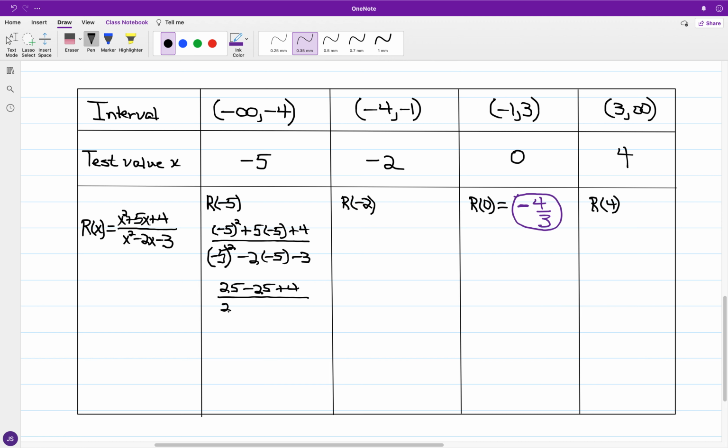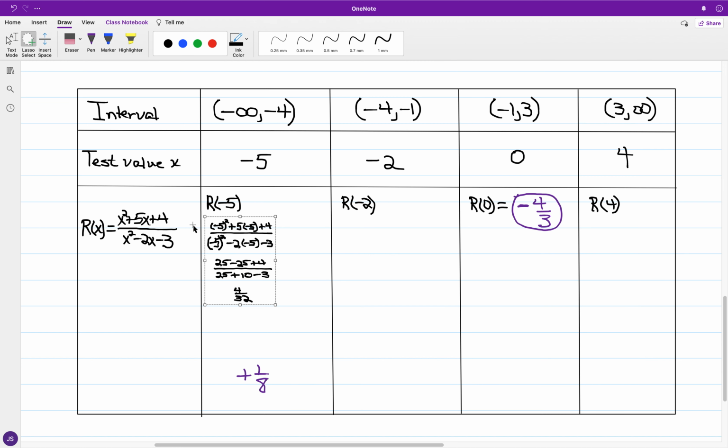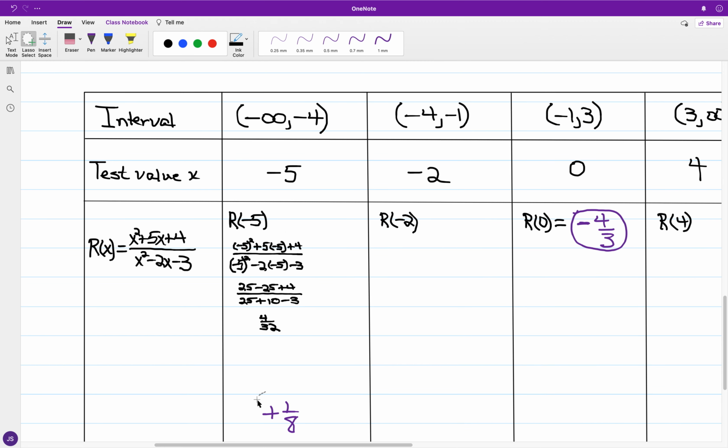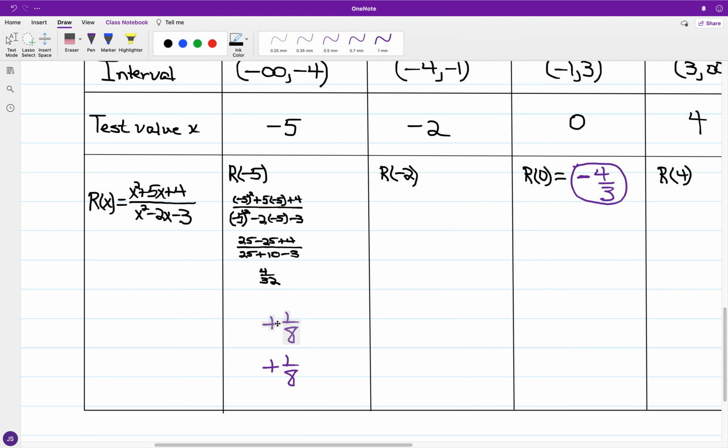Negative 5 squared again is going to be 25, and you got plus 10 minus 3. And what's going to happen here? So you got 4 over 32, and so that is going to reduce to a positive 1/8. Yes, that's positive 1/8.